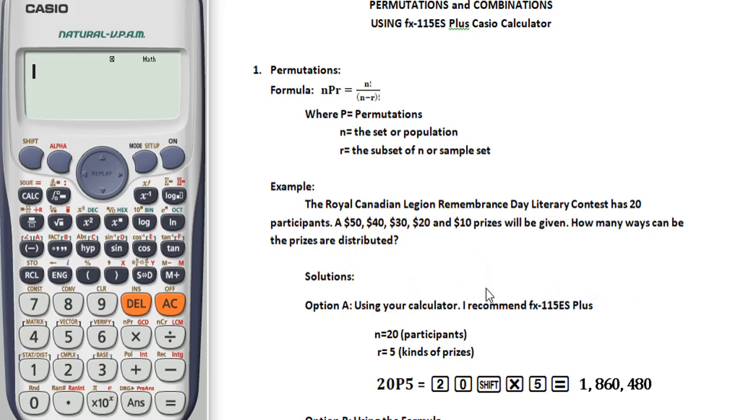So using our calculator, we punch in 20, then shift, and then the times symbol to get the P, and then 5 as our r. Then equals, we'll have 1,860,480 ways that the prizes can be distributed.